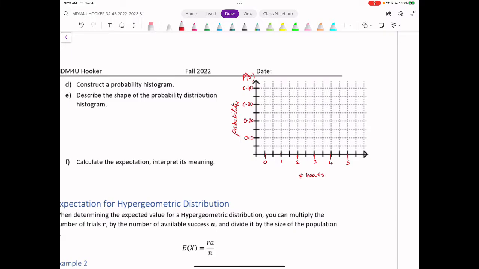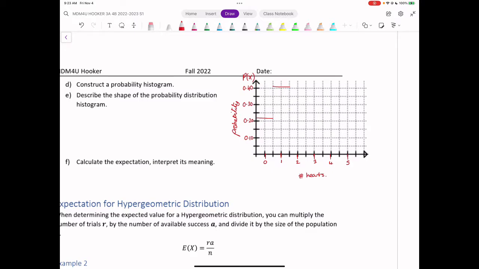Okay, so the first one, probability of 0 hearts was 0.222. So 0.222 is about there. I'm going to do all my horizontal lines first. Then probability of 1 is 0.411, kind of right there.